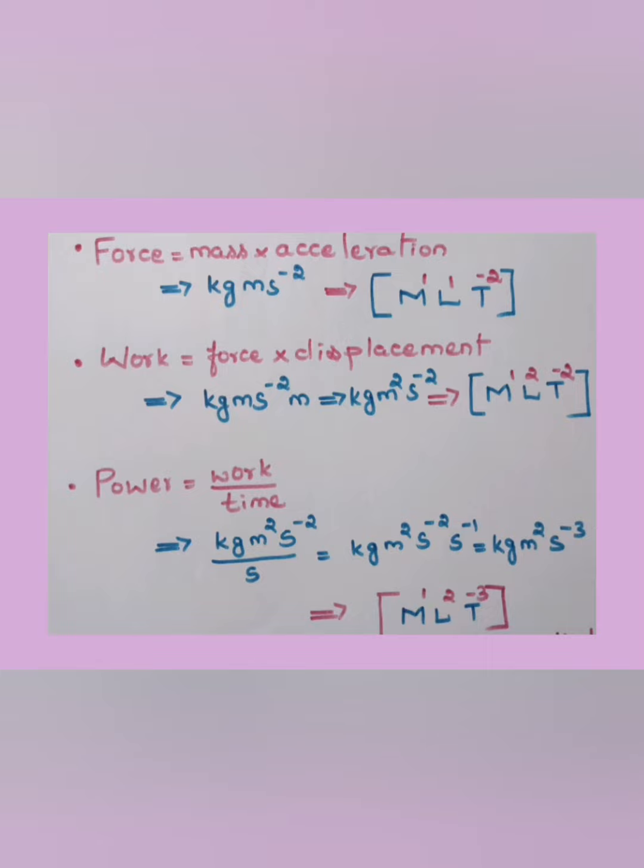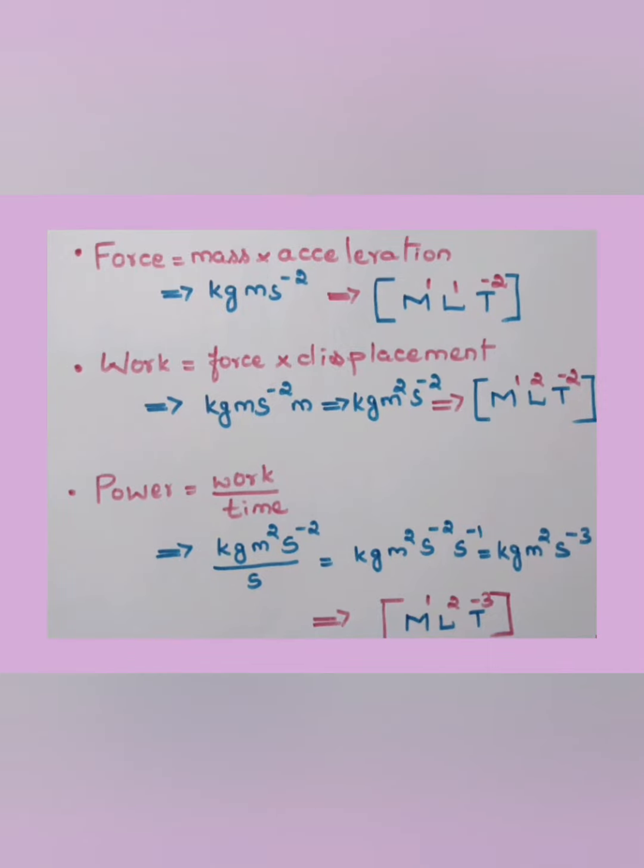Is it easy? Please select some more physical quantities and you can practice. Next, moving on to power. Power is equal to work by time, work done by time taken. Just now we have learned that work is kg meter square per second square, divided by time, which is second.